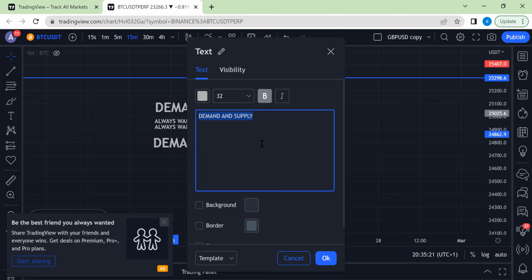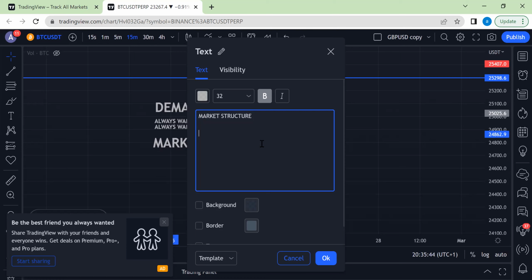Is this the demand that I should go for? Because you always see a lot of demand and a lot of supply. So which one should I obey? Should I obey demand or obey supply? That is where market structure comes in.